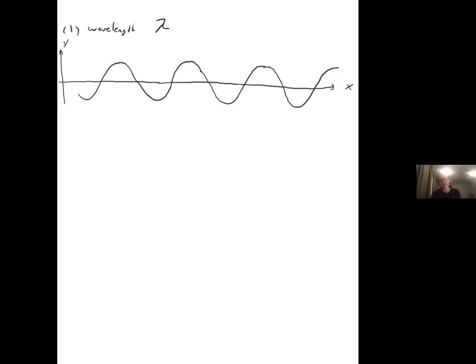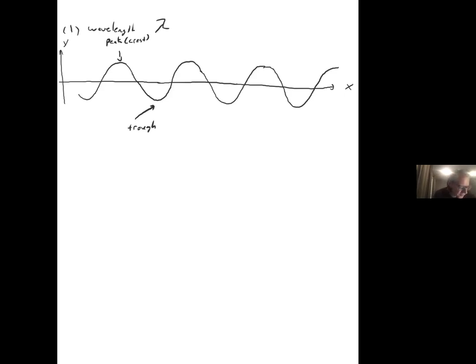So it goes up and down and up and down and up and down, and it's got a repeating pattern. So this is called a peak or a crest. Some people call it a crest. This minimum point over here is sometimes called a trough. Trough is sort of the minimum there, okay?